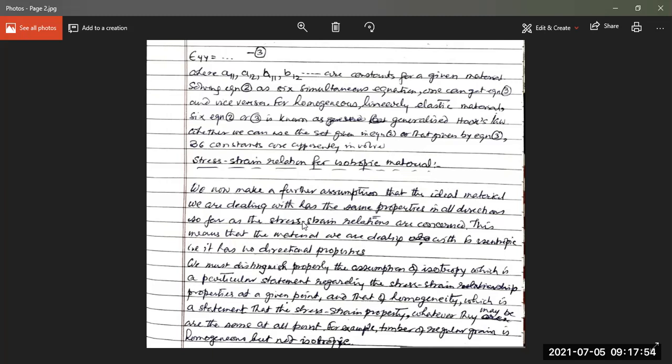In order to do this, we have to take into account two particular properties of the concerned material itself.